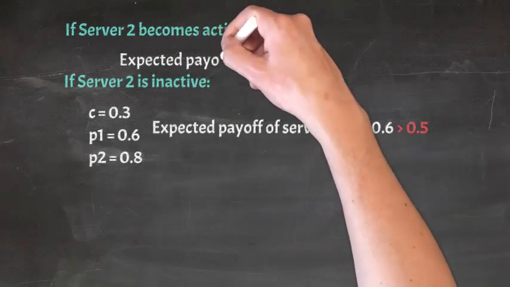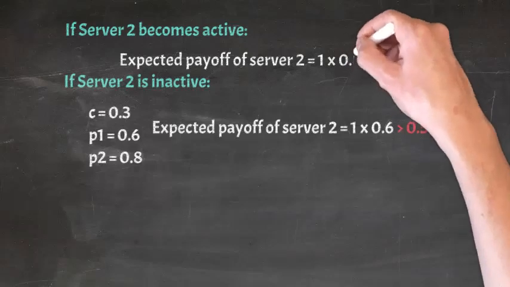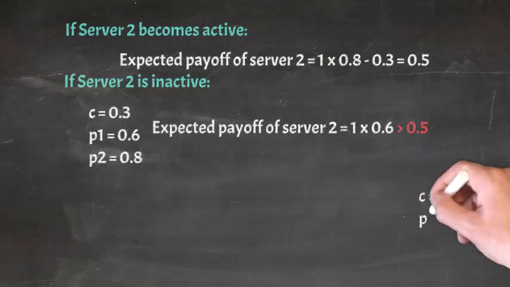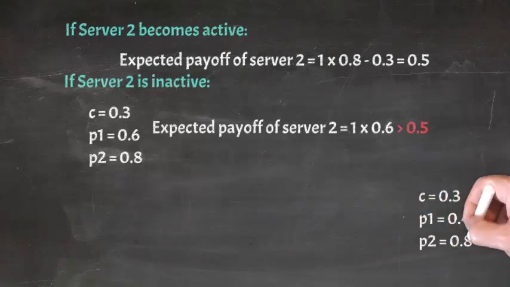But if server 2 chooses to be active, then his expected payoff will be 1 multiplied by 0.8 minus 0.3, which is his operation cost, that equals 0.5. 0.6 is greater than 0.5. That means even if server 2 is better, he will be better off if he takes the free ride of server 1.